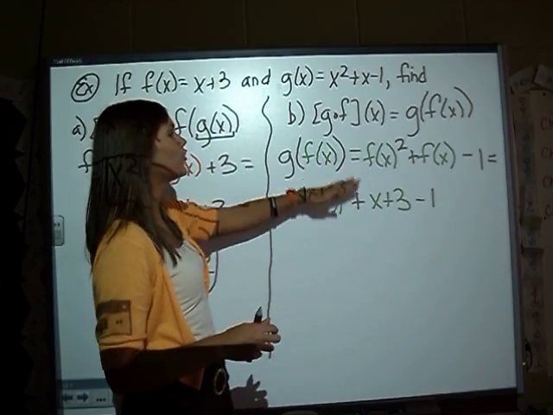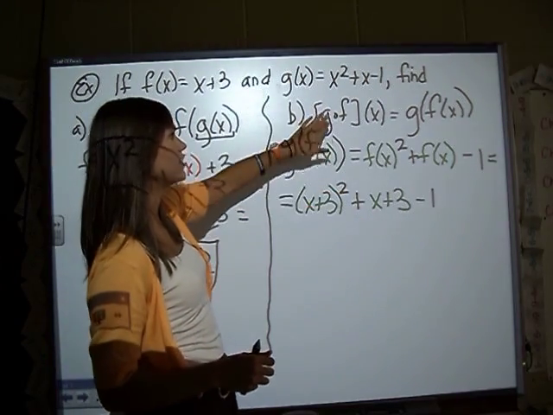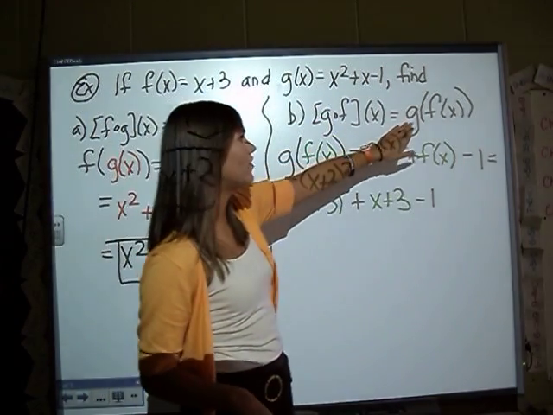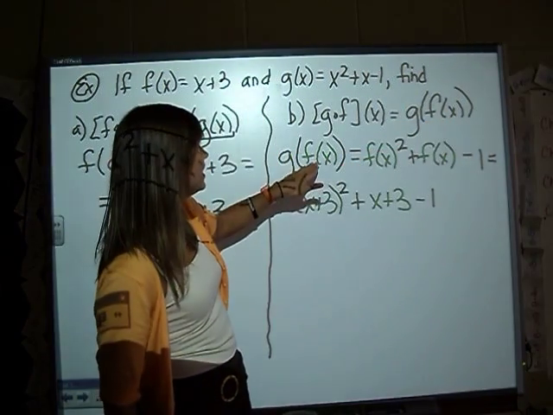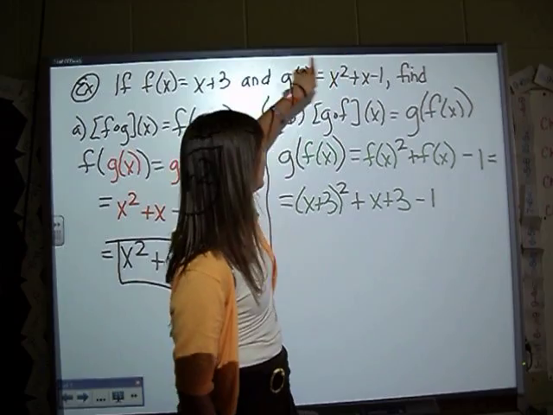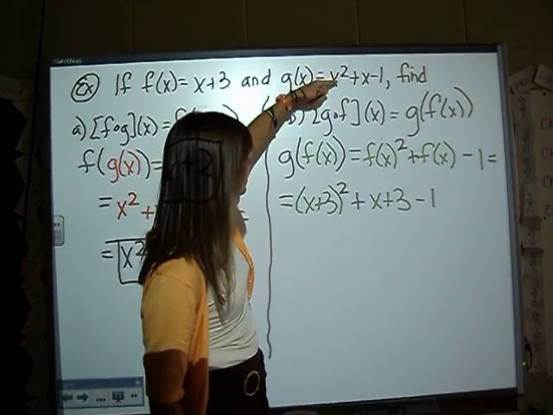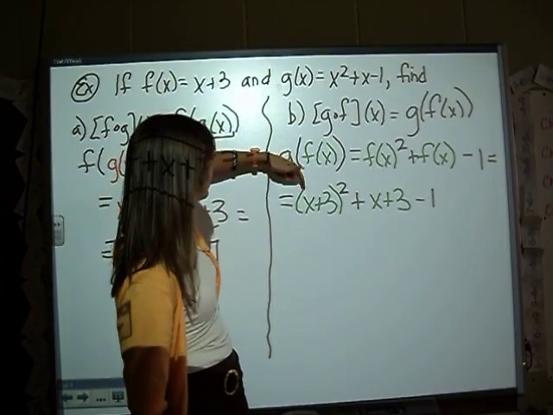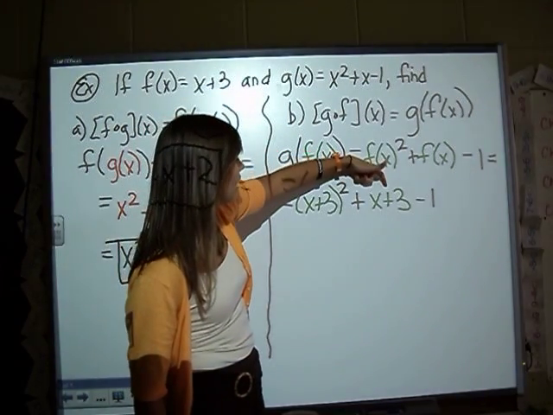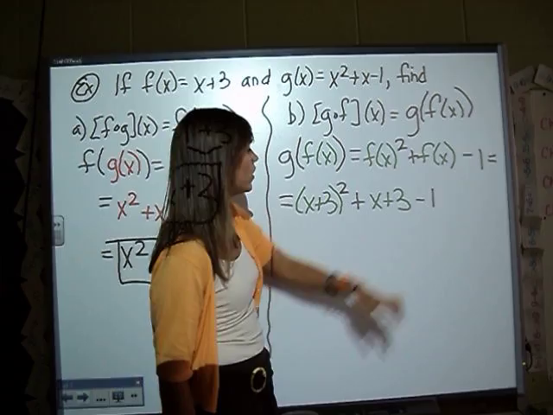Okay, but I don't want you to forget the steps that we're taking. So here, g of f, we're evaluating g at f of x. So wherever I see an x up here in my g of x, I'm putting in an f of x. Okay, so right now I have x plus 3, which is my f of x, squared, plus f of x, which is this, minus 1.